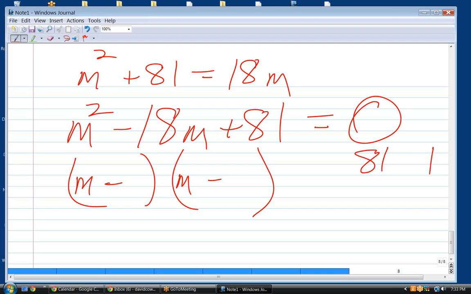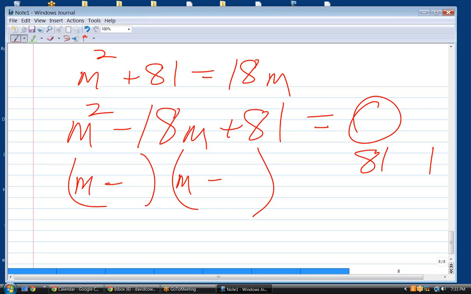And then, let's see, I don't think 81 is divisible by 2. It is divisible by 3. How do we know? Because 8 and 1 add up to 9, and 9 is divisible by 3.